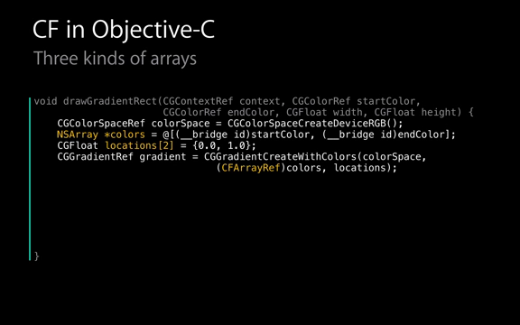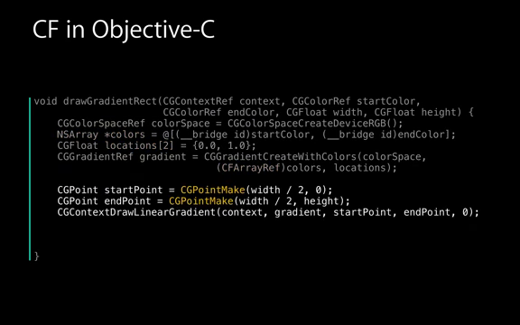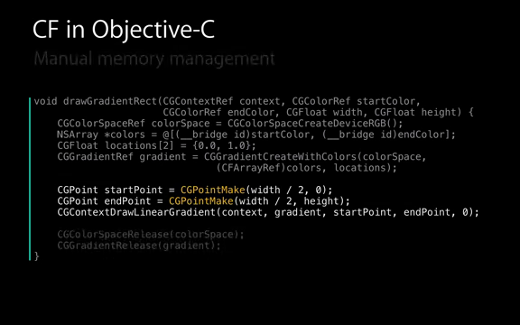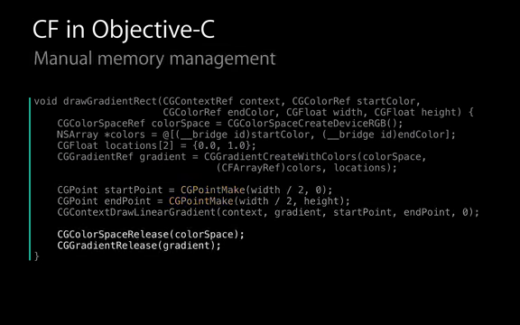And finally, we need to do the toll-free bridging over to CFArrayRef because that's what we use with Core Graphics APIs. Now, moving along, we can create some points with CGPointMake. And of course, even though you're under ARC, where memory management is automatic, it's not automated for CF things. So we have to remember to release the color space and release the gradient.